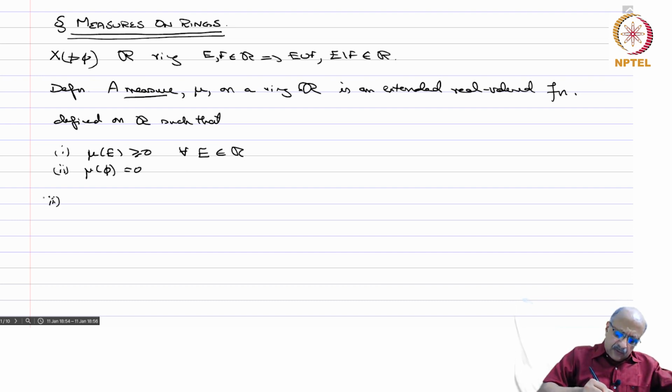And 3, this is the most important property, this is called countable additivity.